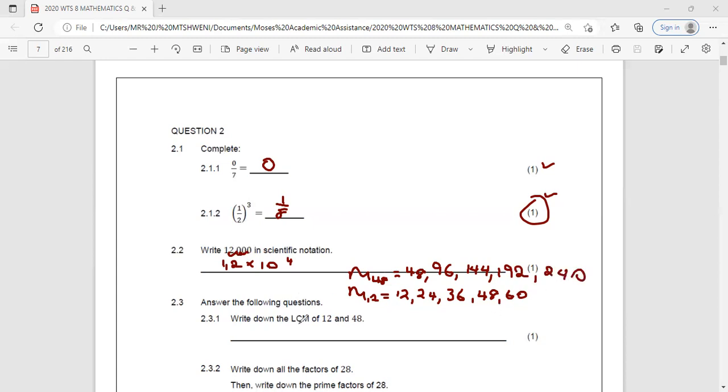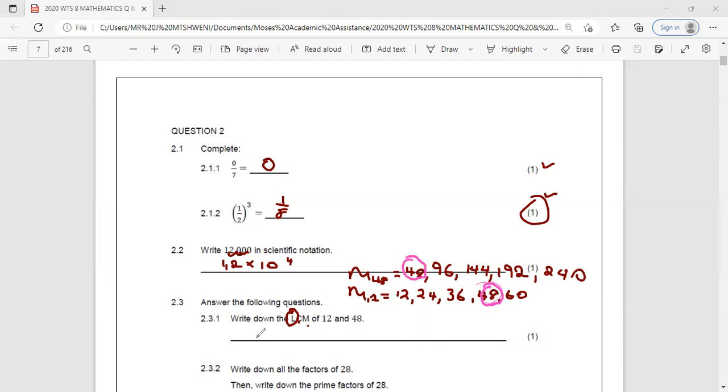Now we want the lowest common multiple, the smallest value that is common to both lists of multiples. 12, 24, do we have 24 here? No. 36, no. But the common value here is 48.